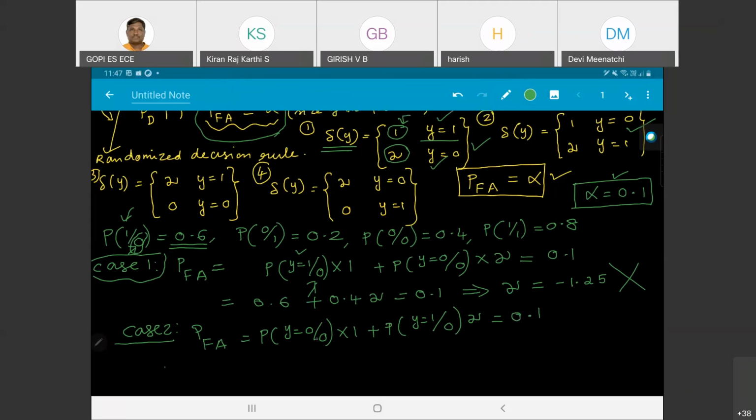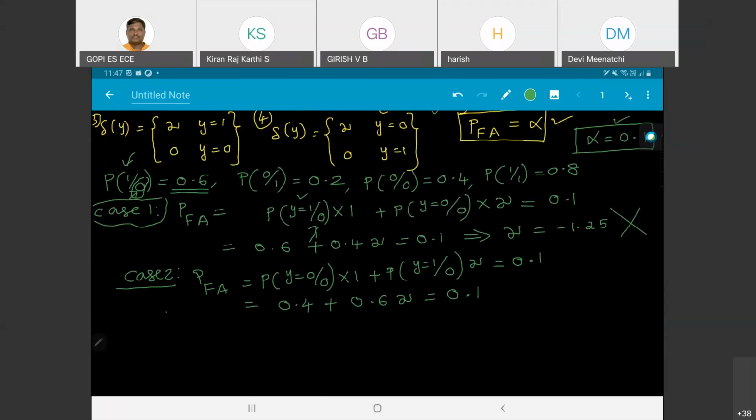Probability of y equal to 0 given 0 is 0.4, plus probability of y equal to 1 given 0, which is 0.6 here, times gamma, equal to 0.1 here, right? In this case also, gamma is going to be negative. Gamma is negative, so it is not valid.